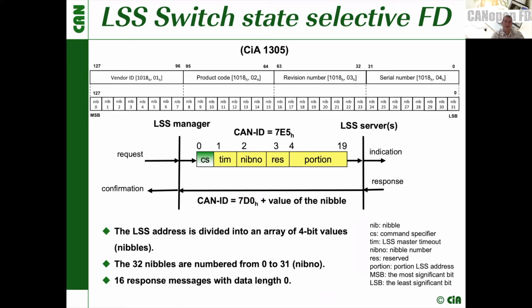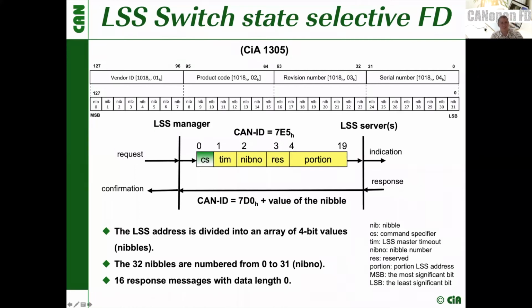So the LSS manager is no longer blind and has no idea what the value of the next nibble of the attached devices could be. They inform by themselves what the next nibble looks like. And to overcome some limitations of CAN, we are using some CAN functionality, the bitwise arbitration.